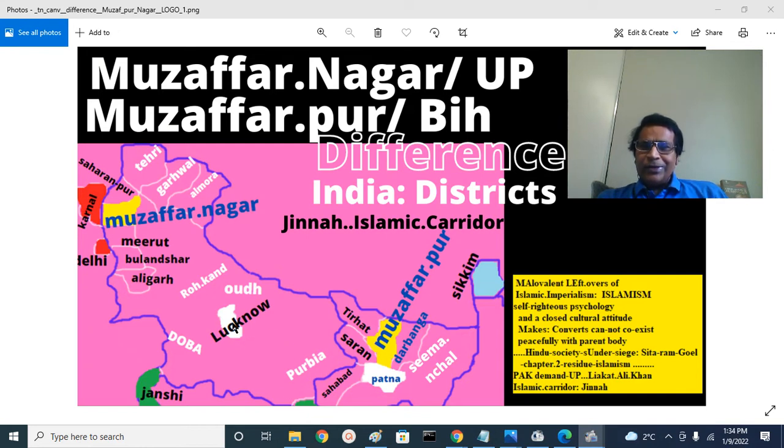The Lucknow city here, Patna city, Lucknow district, Patna district, Delhi district, Rohilkhand plains, Ayodhya region or Awadh region, Purbiya region, Patna. This is the Kosi region or Simanchal. This is the Mithilachal region. This is the Tirhut region, Sonpar region, Shahabad district, and Saran region. This is Sikkim. So you got the overall context of what we are talking about.